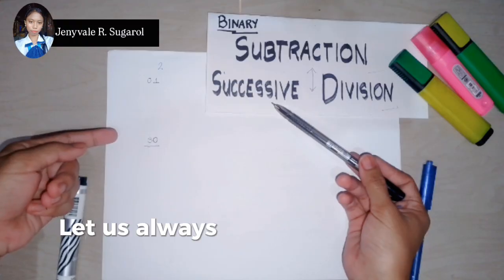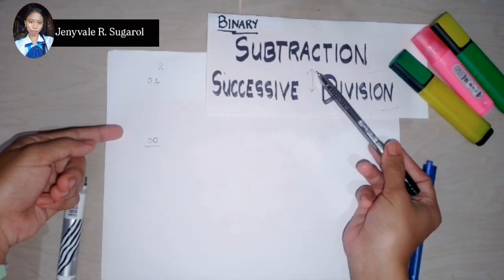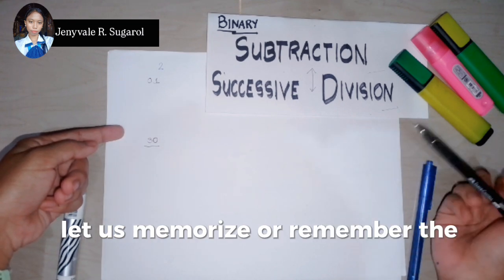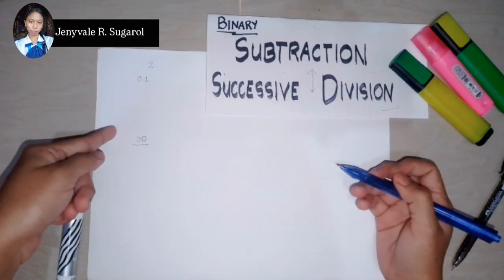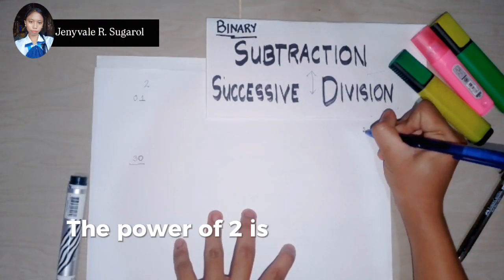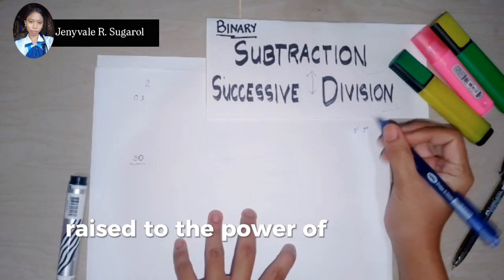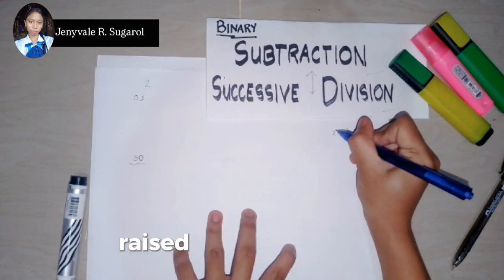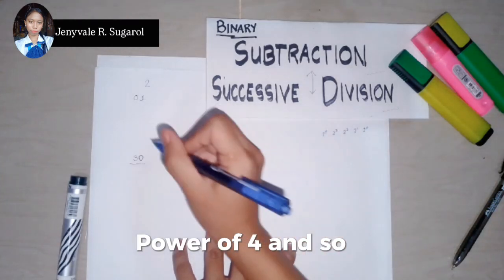Let us always remember, if we use subtraction, let us memorize the powers of 2. The powers of 2 are 2 raised to the power of 0, 2 raised to the power of 1, 2 raised to the power of 2, 2 raised to the power of 3, power of 4, and so on.